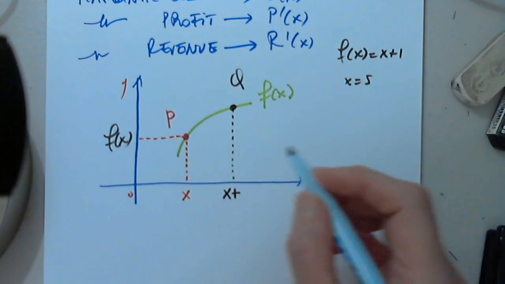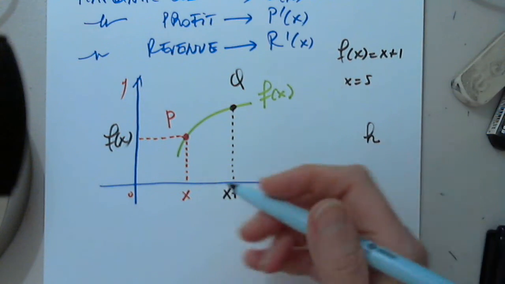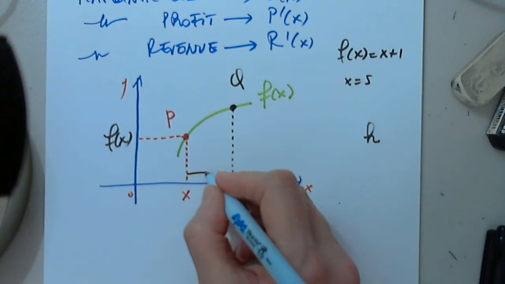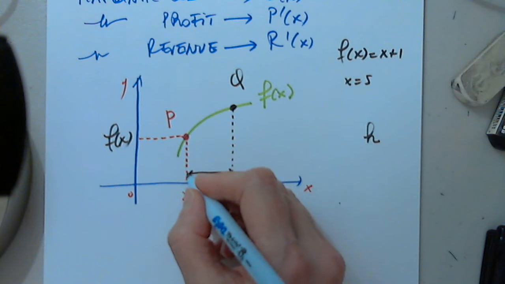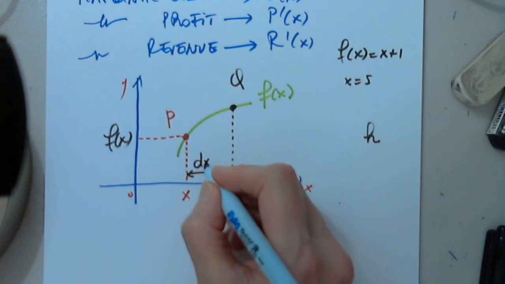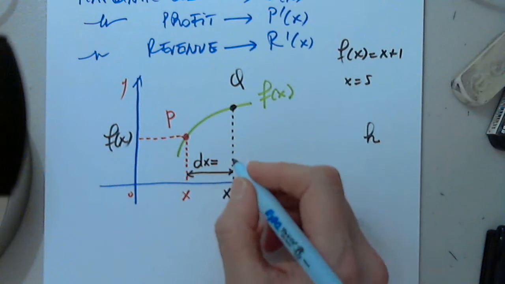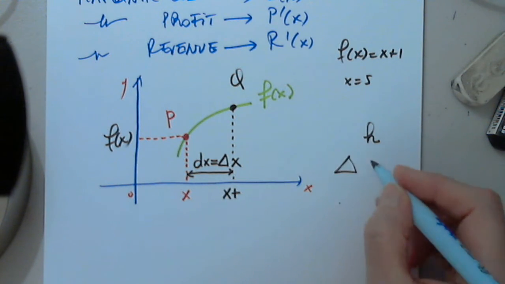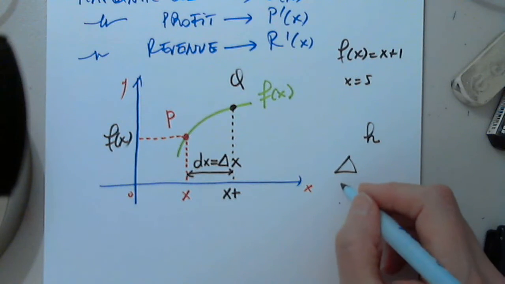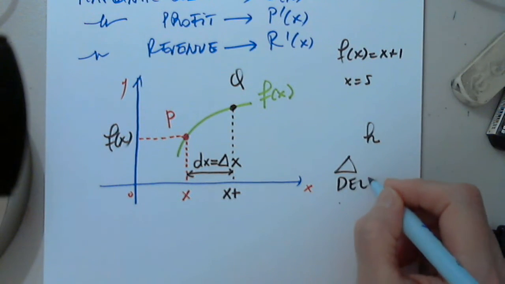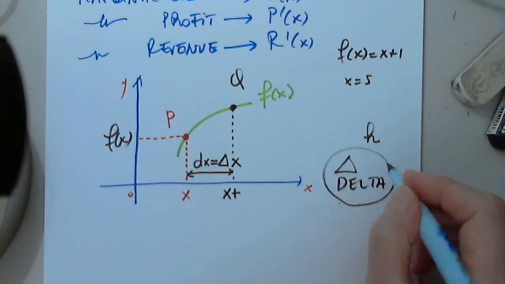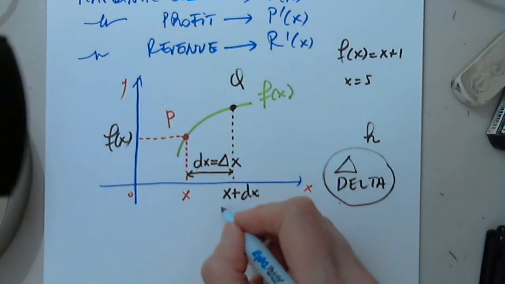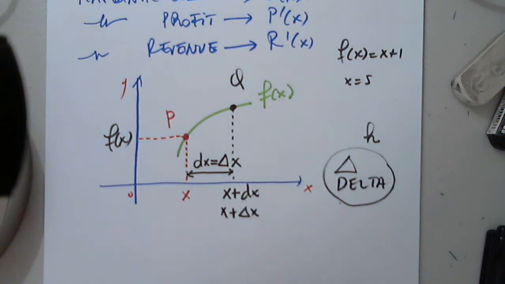The little bit in the past was little h, and we had the difference quotient. This time we're going to denote it by dx, also delta x. This symbol is the Greek uppercase letter delta. So here I have either x plus dx, because they are the same, or x plus delta x.